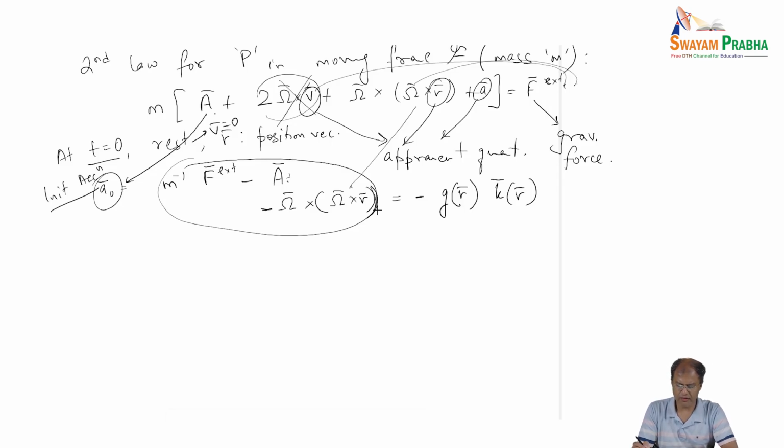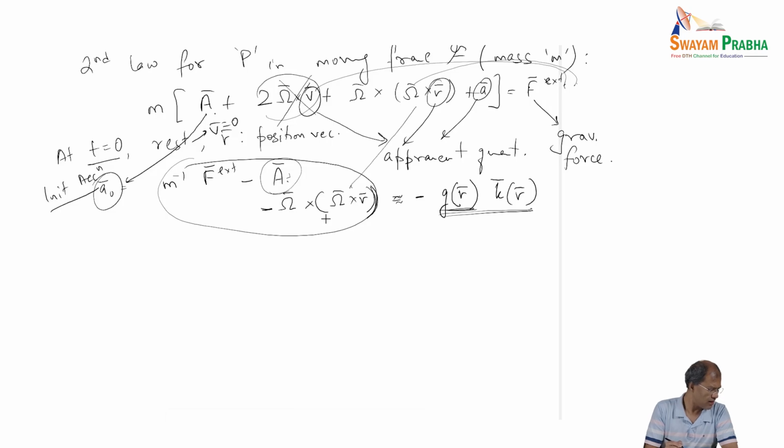If we did not consider the Earth's rotation, or the acceleration of the moving frame connected with the Earth's rotation, then the net force experienced by the particle is m times g, the weight. But now the acceleration due to gravity is slightly modified because of the spin of the Earth, and so this is our new approximate acceleration due to gravity. We will keep this formula as it is. This is our new weight of the object, taking into account the acceleration effects.